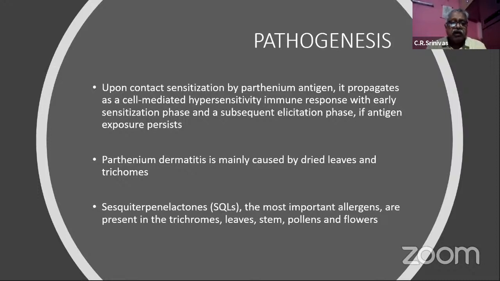Then, of course, I already told you, it becomes dry, it comes in the air, and it can also cause pruritus ani, the Parthenium dermatitis. Even sun-covered areas can be involved. A dhobi will wash the cloth, he is not going to watch where he dries it. He will dry it over the Parthenium leaf, the undergarments, and people wear that undergarment and start scratching their perianal area.